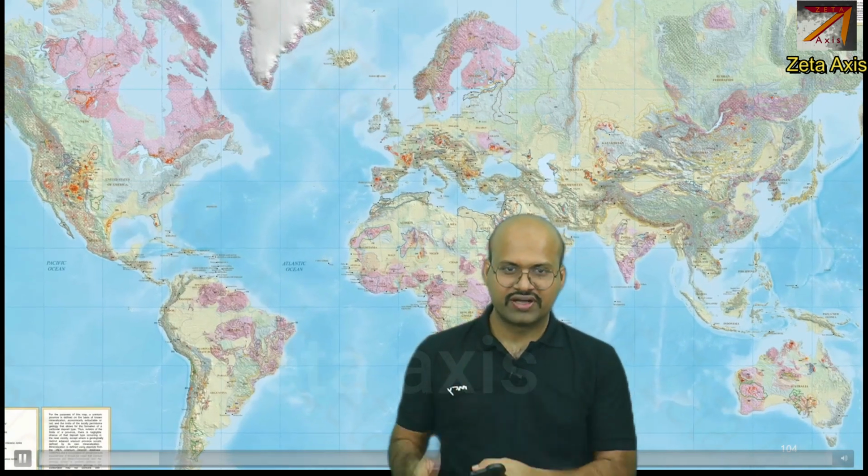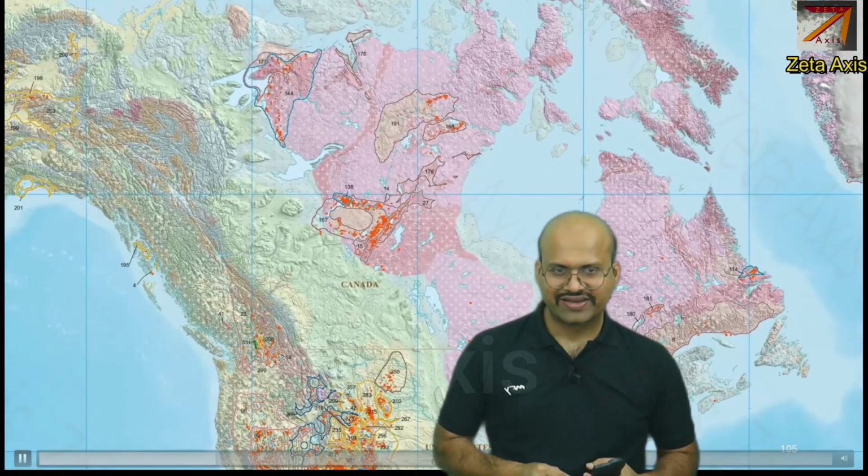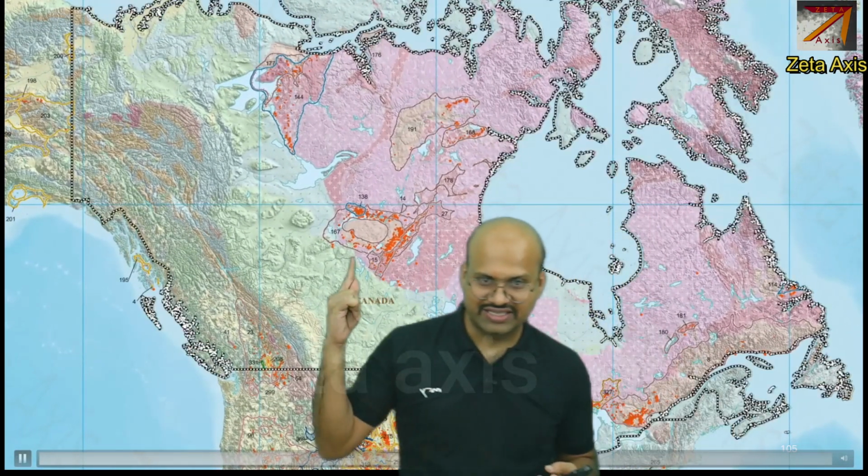So if we go to the map of the North American continent, we can see that there are significant reserves in this region, that is the Lake Athabasca region, then around the Great Lakes, and in this central region on the western side of the US. Now if you move to Canada, we can see that there are large deposits of uranium in the central region as well as here in the Great Lakes region of Canada.